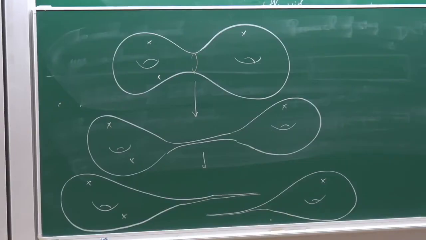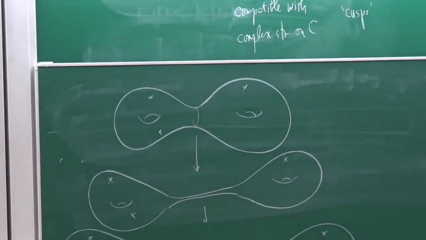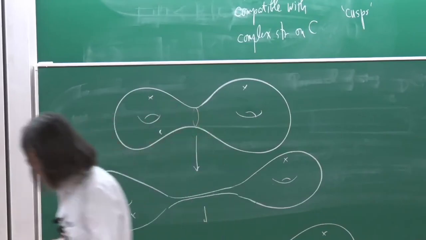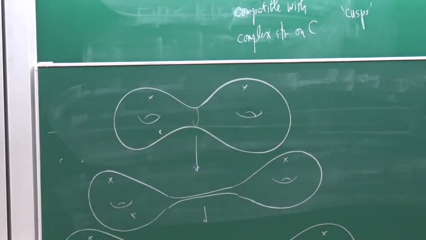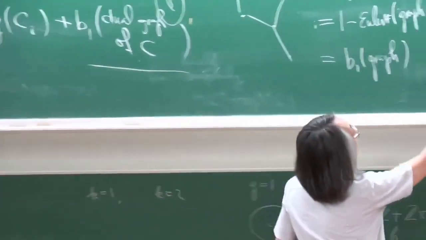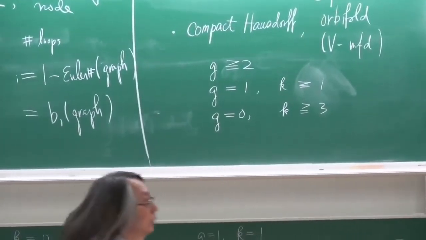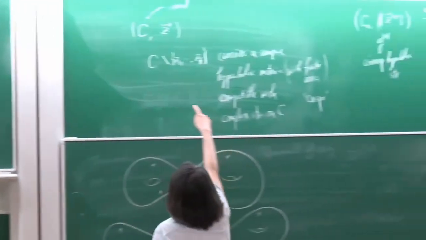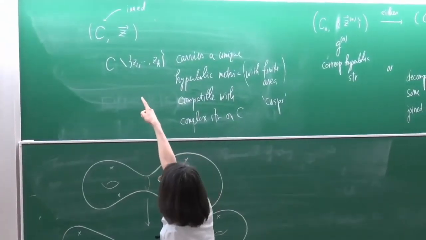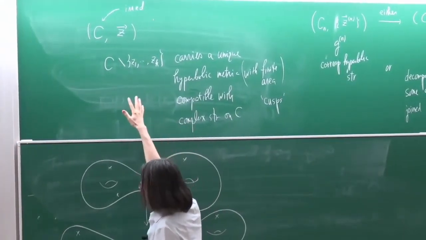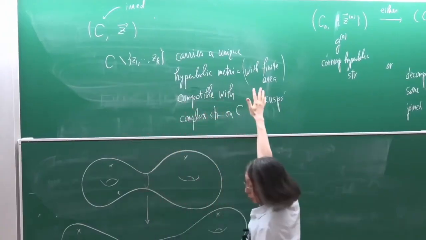Okay, so this is the statement found in two-dimensional hyperbolic geometry, and that also explains what the limit object is. Because you start from this, you have a complex structure, and the complex structure gives you this hyperbolic metric.